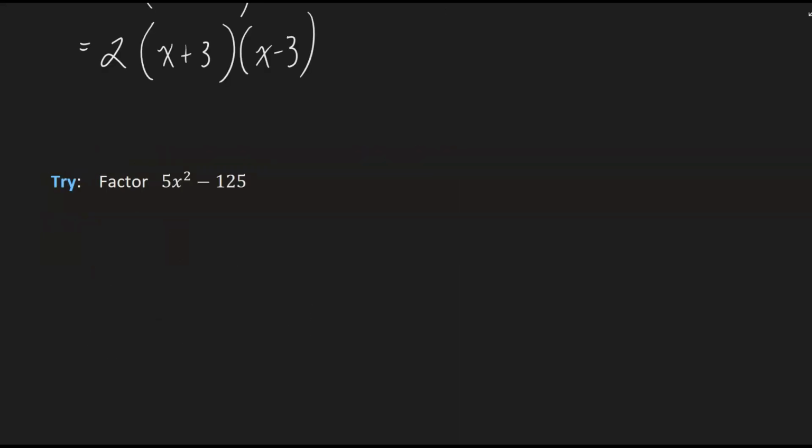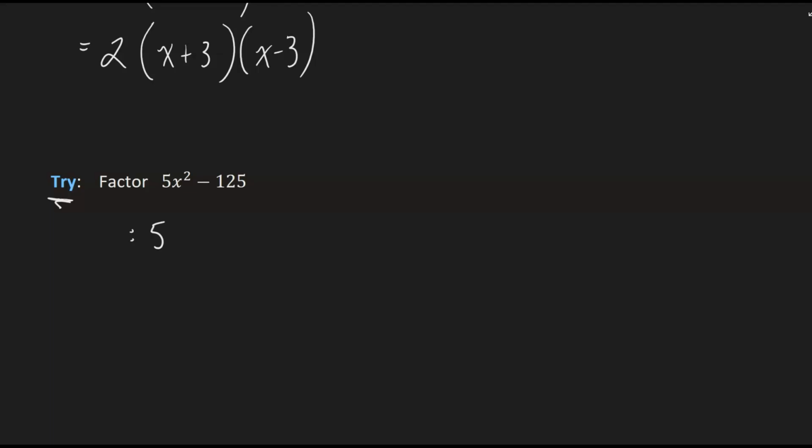Okay, so in the next example, why don't you pause the video and try this one? Once you come back, I will begin to do it. Okay, I don't see perfect squares. I do see a difference, so perhaps I can treat it as a difference of squares after I factor out a common factor.